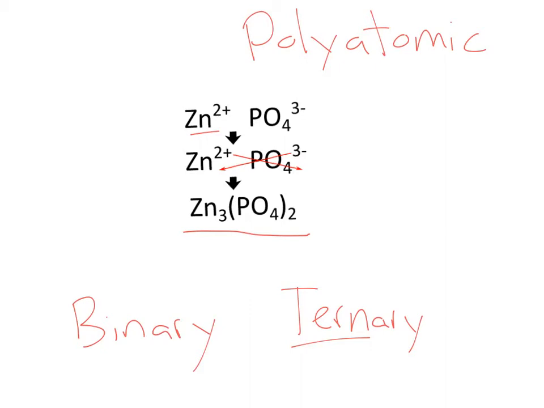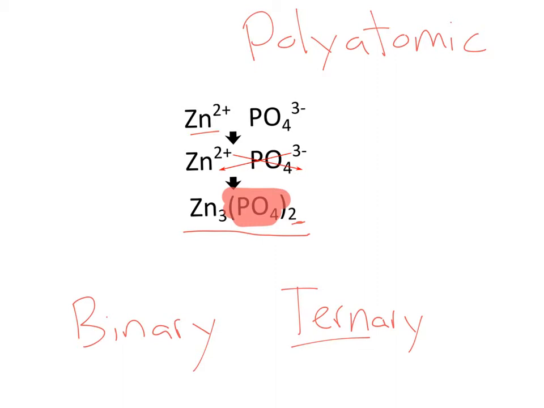Notice how PO4 is in parentheses. This is very important because you don't want to accidentally put your subscript down here instead of a 4 or only on the O. You need to make sure that you keep all your polyatomic ions together in parentheses when you're doing it.